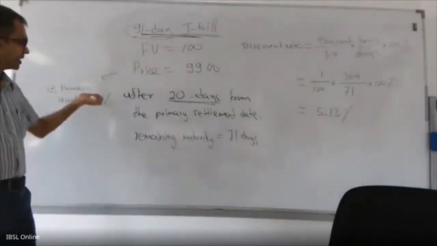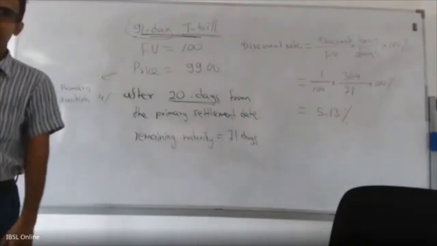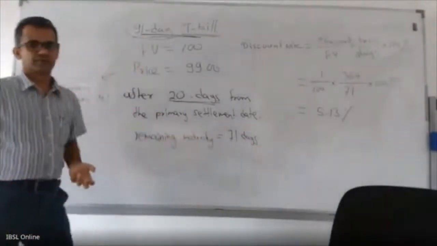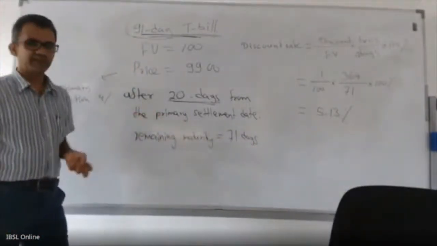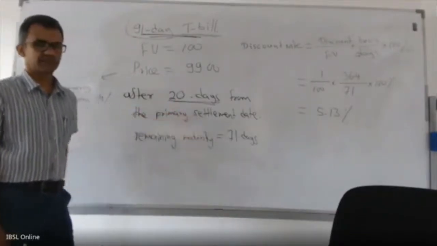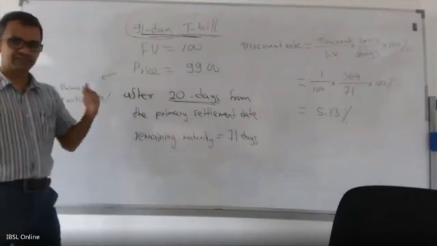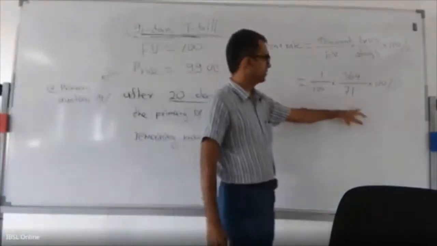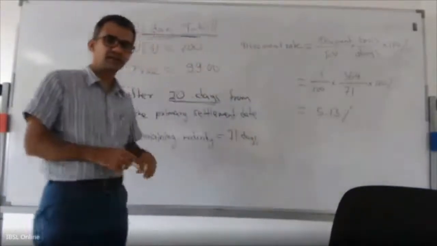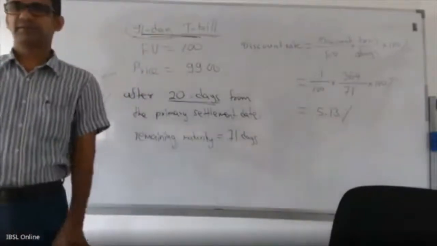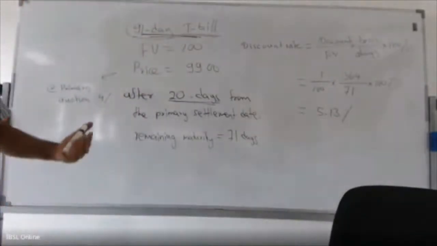Do you expect more than 4% or less than 4%? Less than 4%, because the maturity period is now getting reduced. The remaining period is only 71 days. So if the market rates were stable, it should be less than 4%. Instead, now the discount rate is 5.13%. The market rate has increased.